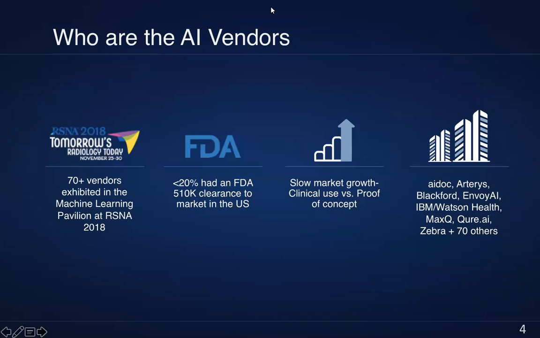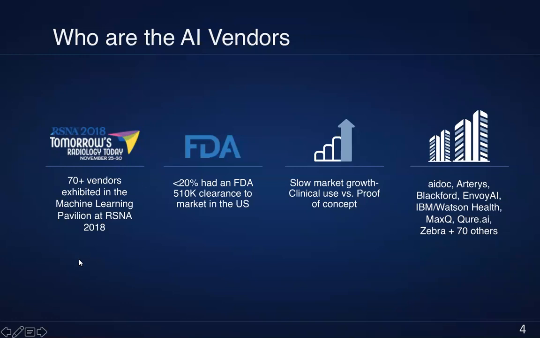Sadly, what's happened is a lot of these products have been developed and not gotten the FDA's 510K clearance in the US. At RSNA, there were less than 20% who had a 510K clearance. Today, there's maybe 8 to 10 more who've had it. There are a few vendors who have 2 or 3 510Ks, like our host, but there are other vendors who still don't have one.